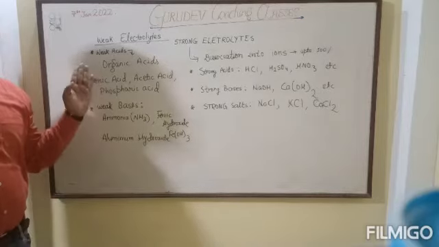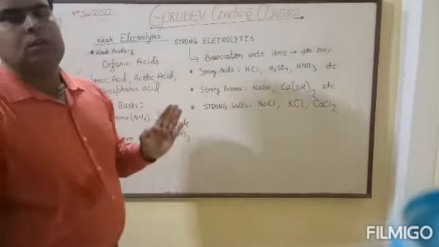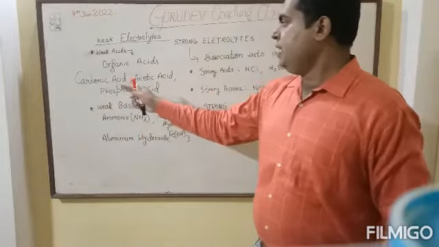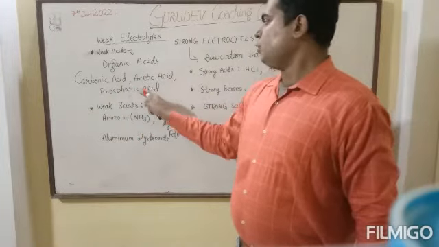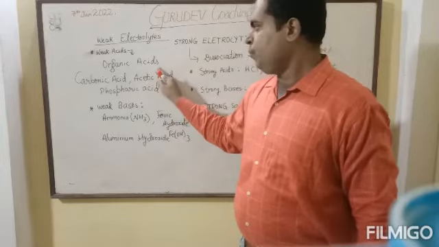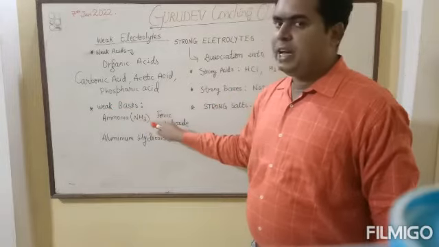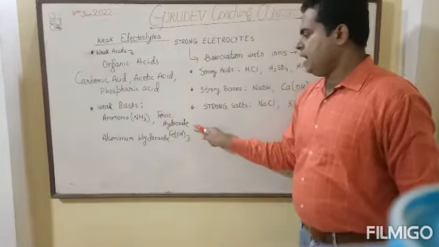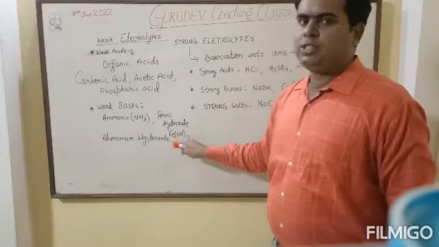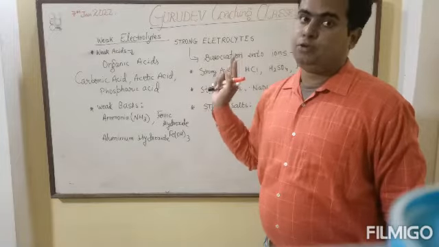So children, what I was telling you, examples of weak acids are organic acids, carbonic acid, acetic acid, phosphoric acid. All these come under weak acids. At the same time, examples of weak bases are ammonia, ferric hydroxide, Fe(OH)3, and aluminum hydroxide. So all these are examples of weak electrolytes.